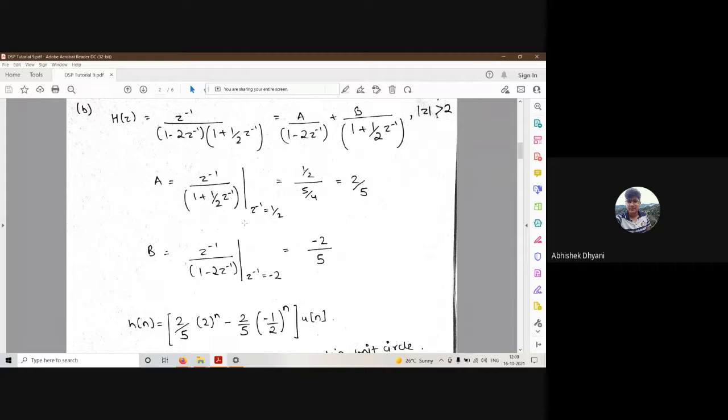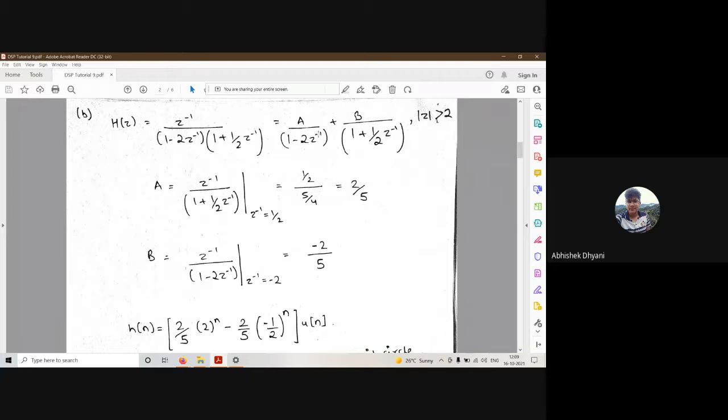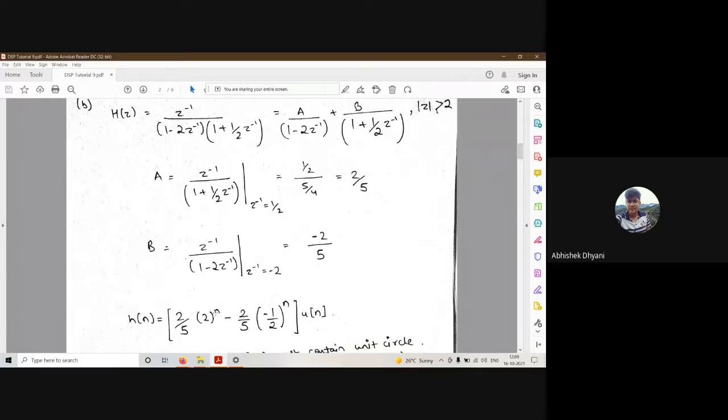Similarly, I can calculate B, taking the remaining part and substituting this root, which is z^-1 equal to minus 2. That gives me minus 2/5. Using this A and B, I can substitute here, and I will get 2/5 times the inverse z transform of this part, which will be 2^n u(n).